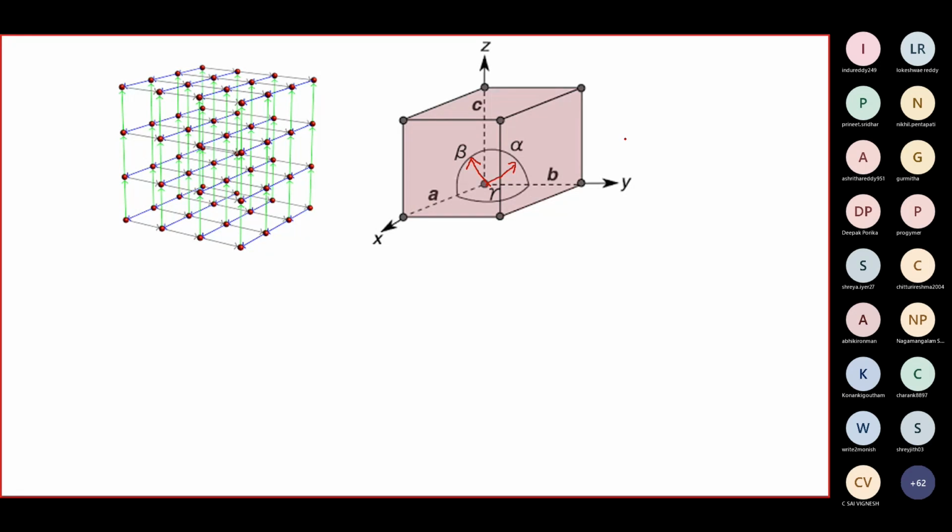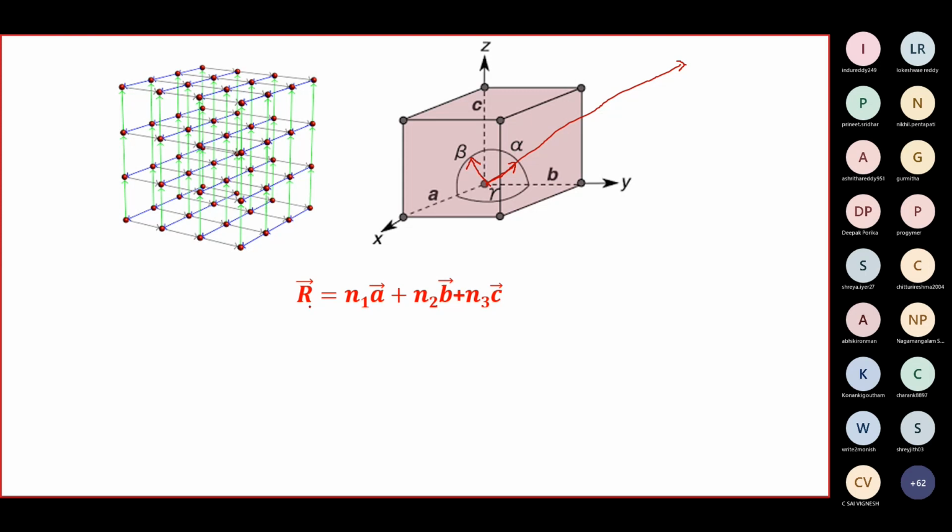All lattice points are identical, so we can choose any lattice point as the origin, and with respect to it we can find where any other lattice point is located.